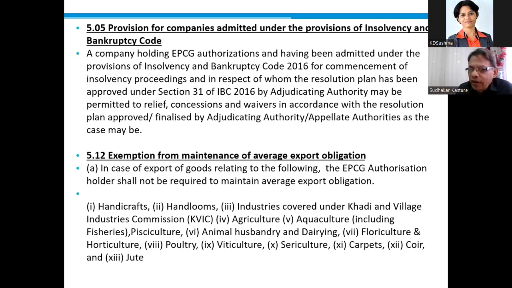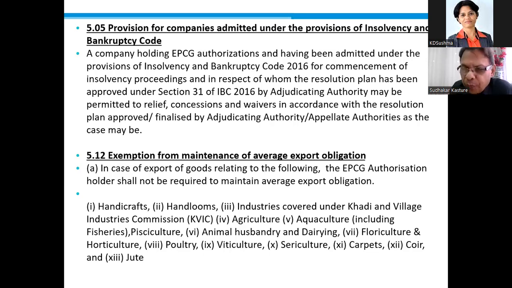Now, because of the changes in the legal terminology, the revised version is like this. A company holding EPCG authorization, having been admitted under the provisions of Insolvency and Bankruptcy Code 2016 for commencement of insolvency proceedings, and in respect of whom the resolution plan has been approved under Section 31 of IBC 2016, may be permitted to receive concessions and waivers.